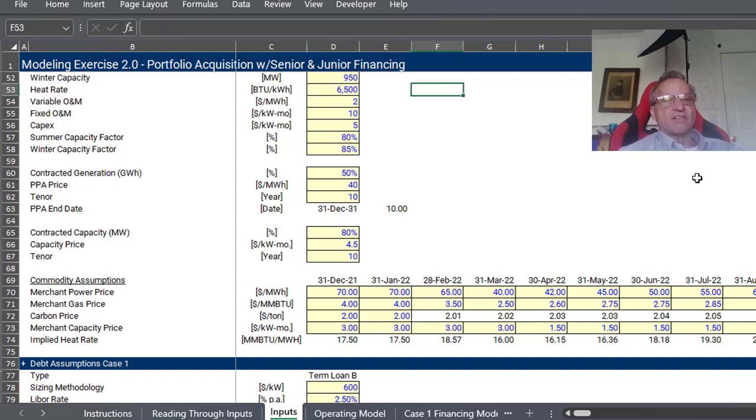If we multiply the top and the bottom by 1,000, we get kBTU per megawatt hour, and that's still the same number. But if we want to make the top of this 1,000 times more, then for that megawatt, we would divide this by 1,000, and we would get 6.5. That's the heat rate of the unit.